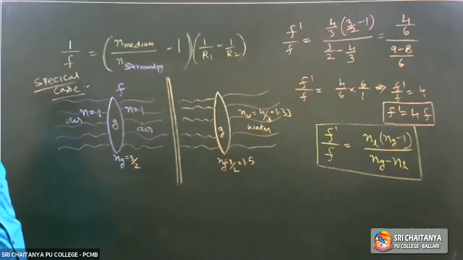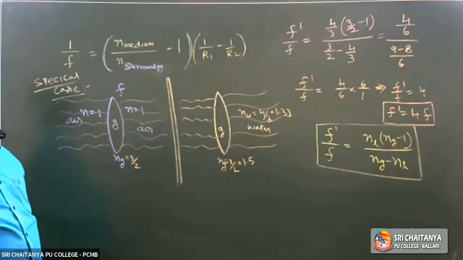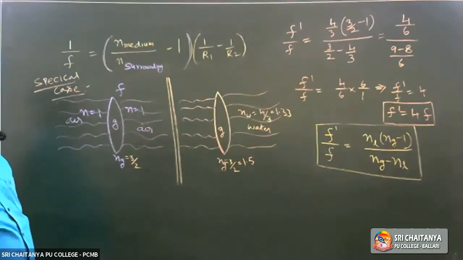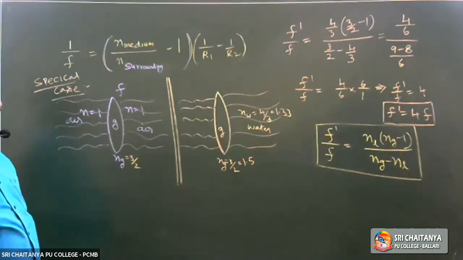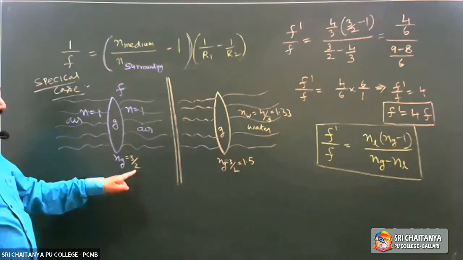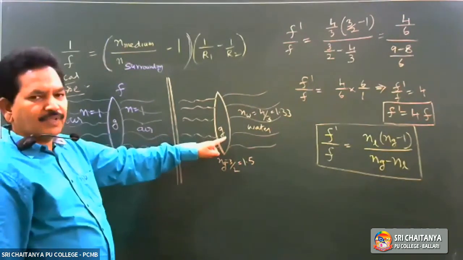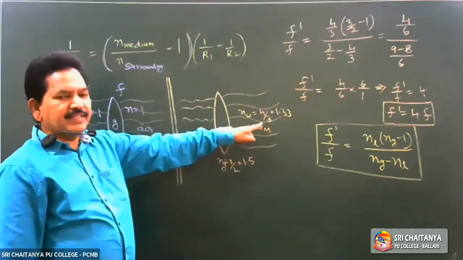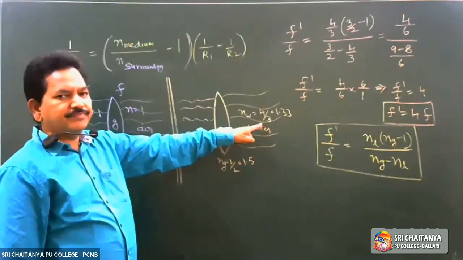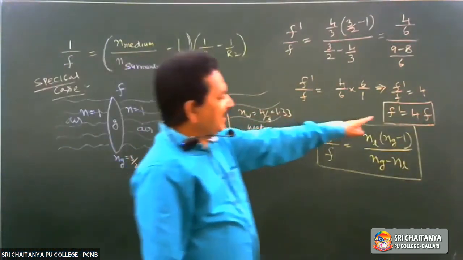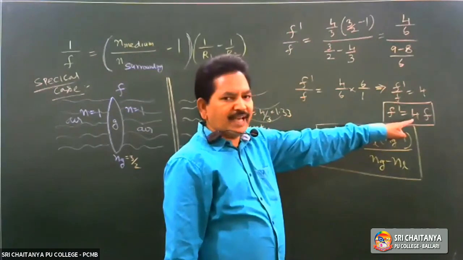Remember this as a result; it may be useful in the examination. Whenever a convex lens made of glass, refractive index 3 by 2, is immersed in water of refractive index 4 by 3, the focal length increases by 4 times.